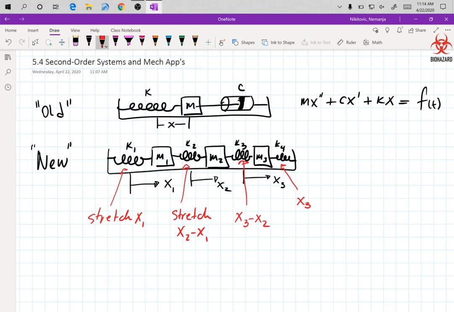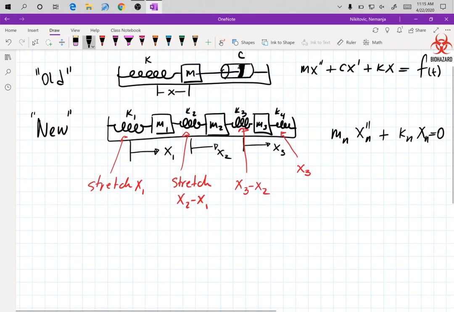Now, we are going to have masses and then distances, plus kn xn equals, and in this case we are working with 0. So if I am to use this equation to set up the situation for all of the masses, for each one of these motions, I would have m1 x1 double prime.